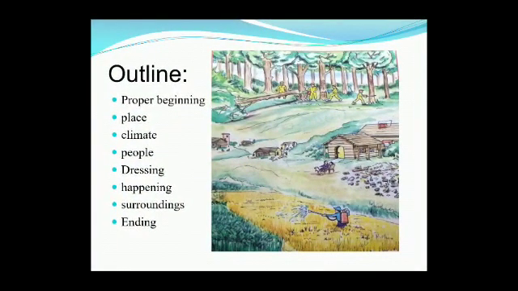And then students, you have to give a proper ending to your picture description. How can you give a proper ending? It is how you wind up your picture description. It is very important.